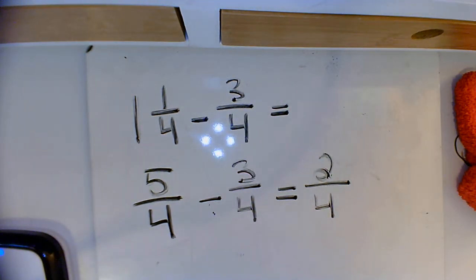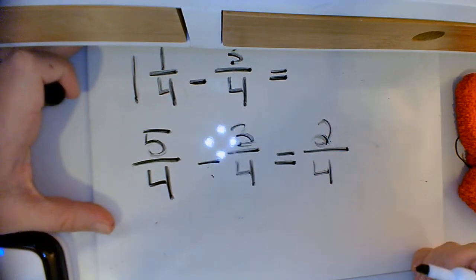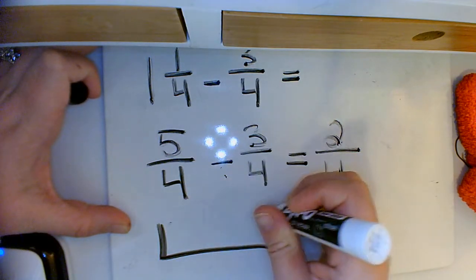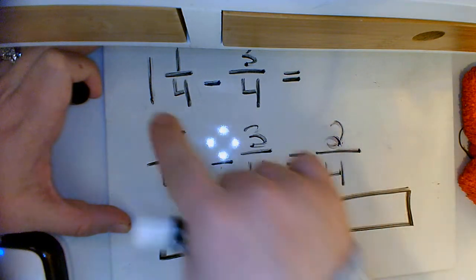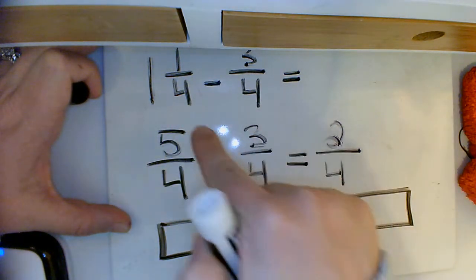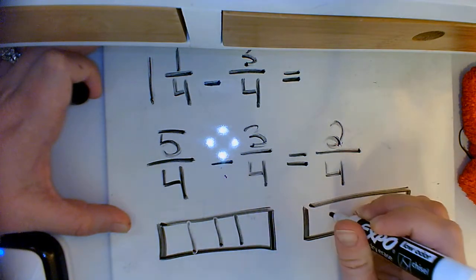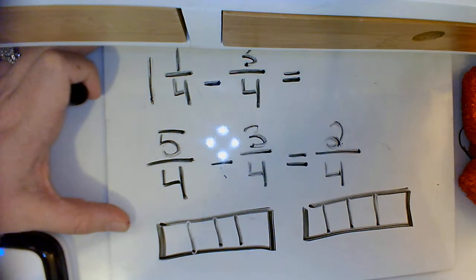And we could also see what that looks like in the tape diagrams. I'm going to need 2 because I have one whole plus some. I'm going to break both of them into fourths. And then represent how much I have.